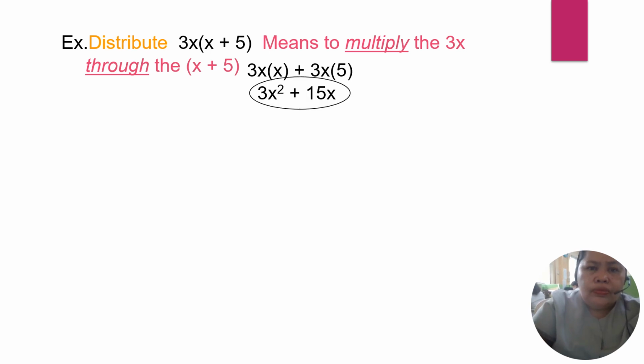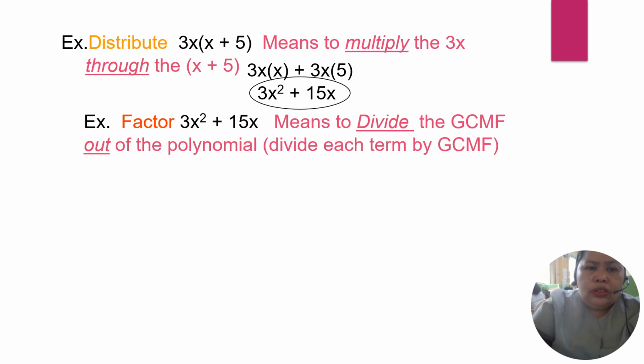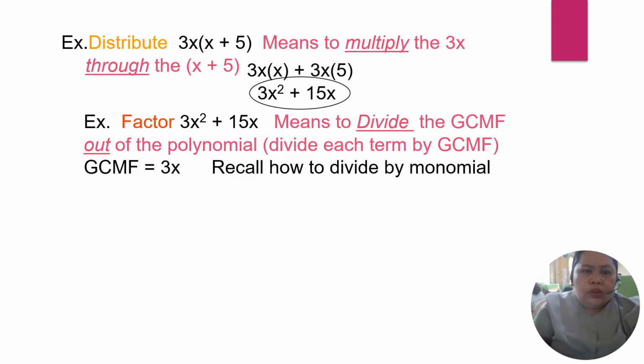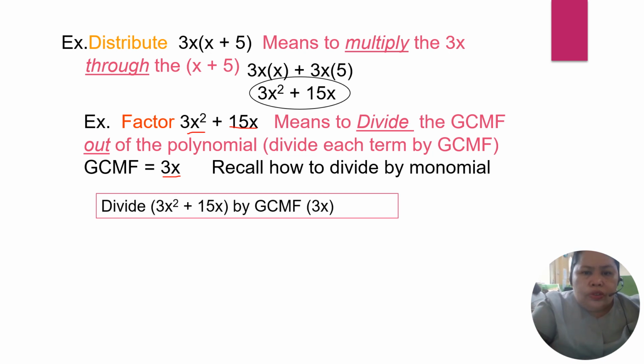Get it? That's it. So to factor 3x squared plus 15x means to divide the GCMF out of the polynomial. The greatest common monomial factor is 3x here, for 3x squared and 15x. The GCMF is 3x.